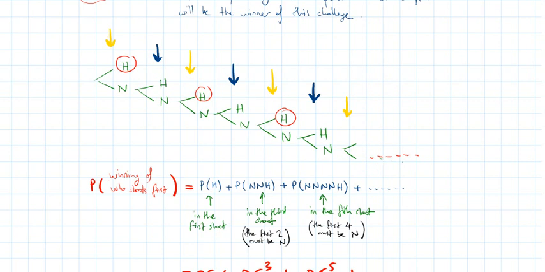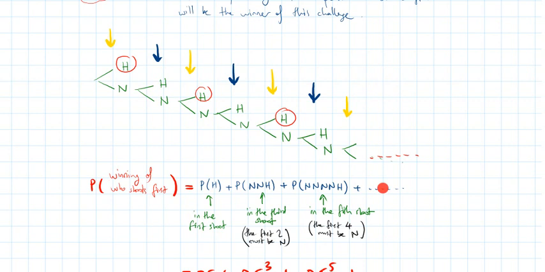So, the probability of the first guy, who shoots first, winning is what? It must be P(H), hitting in the first shot, or hitting in the third shot. So the first one is not, the second one is not, the third one must be H. Or it must be the fifth shot, which is N, N, N, N and then H. So it carries on like that.